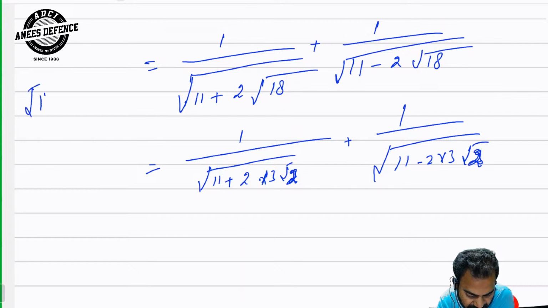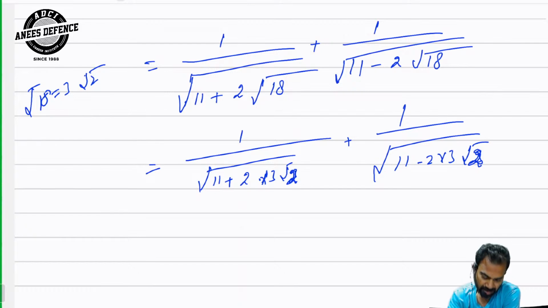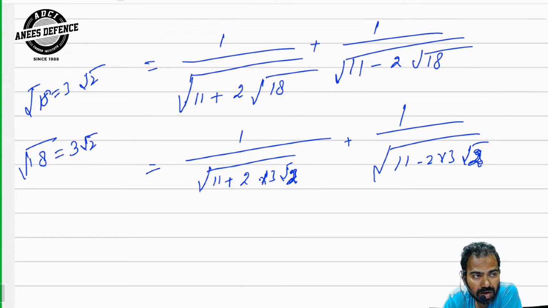Under root 18 will be your 3 root 2. Have you understood this? Under root 18 is 3 root 2. Any problem?